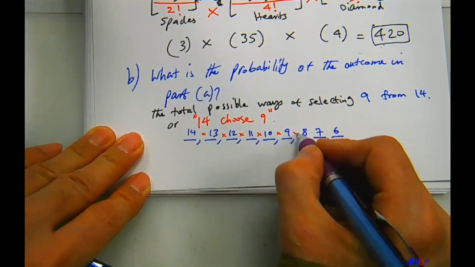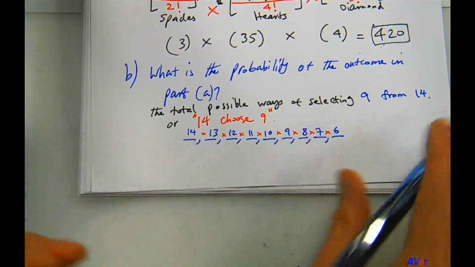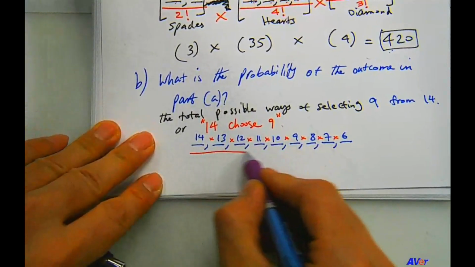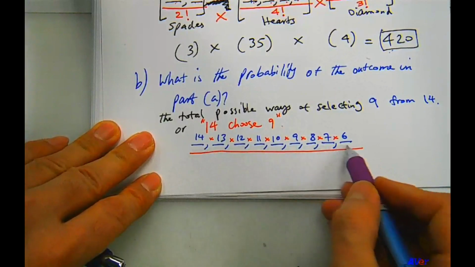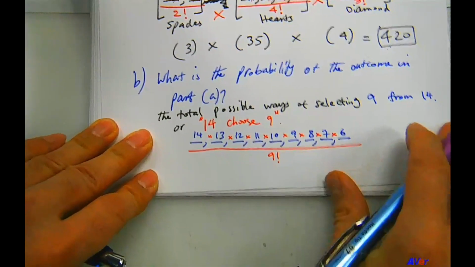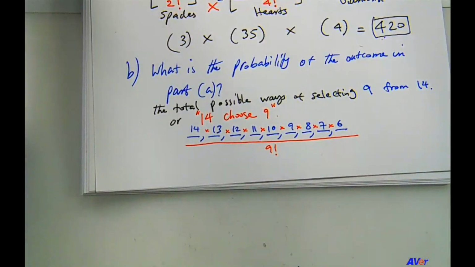So please don't forget that. For combination events, you do not want to leave it like that. You want to divide this by number of positions that you're filling factorial. So 9 factorial. And that'll give us the number of combination events.